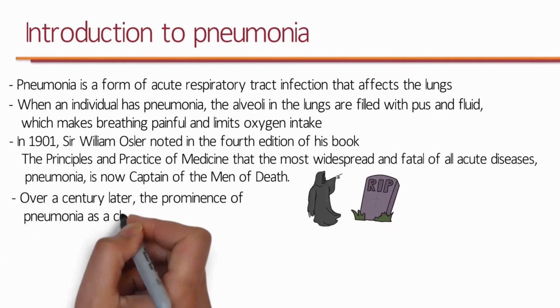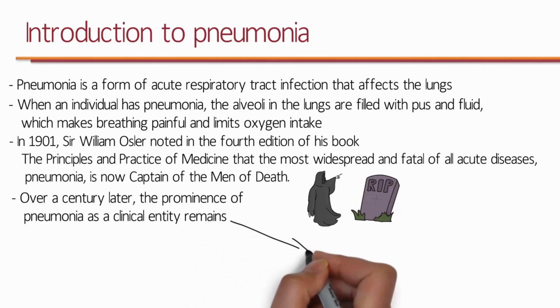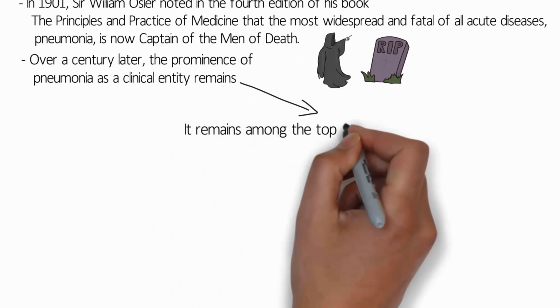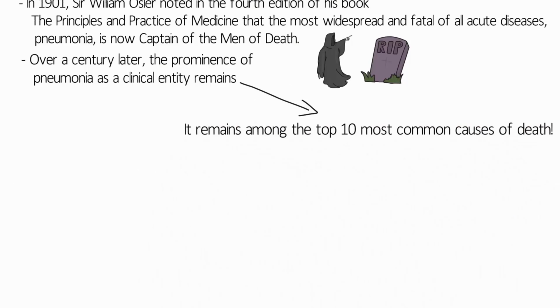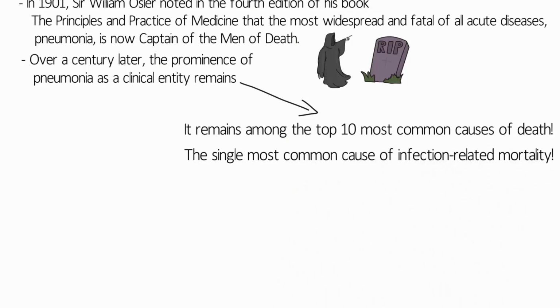Over a century later, the prominence of pneumonia as a clinical entity remains. In fact, it remains among the top 10 most common causes of death, and it is the single most common cause of infection-related mortality.